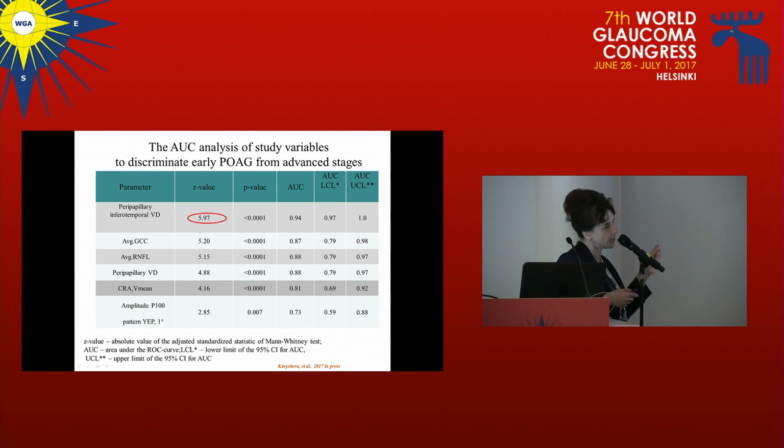When we compared the stages, early glaucoma and advanced stages, we noticed that inferior temporal peripapillary vessel density had the highest diagnostic ability, along with structural variables.